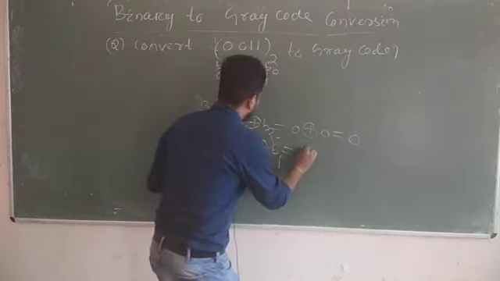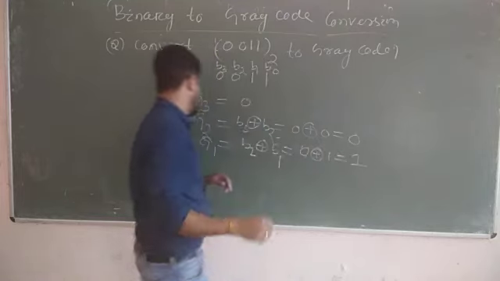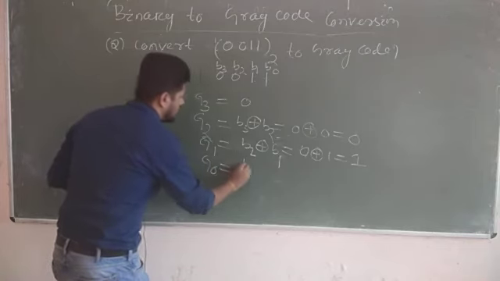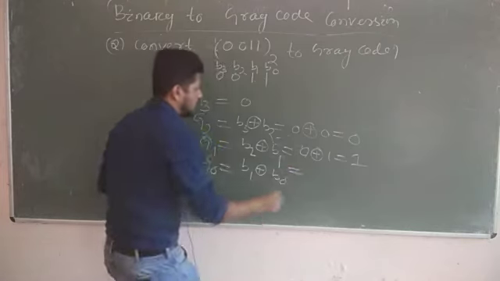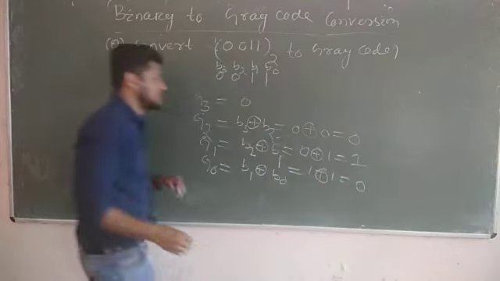So 0 XOR 1 is equal to 1. Then G0 is equal to B1 XOR B0. So 1 XOR 1 is equal to 0.